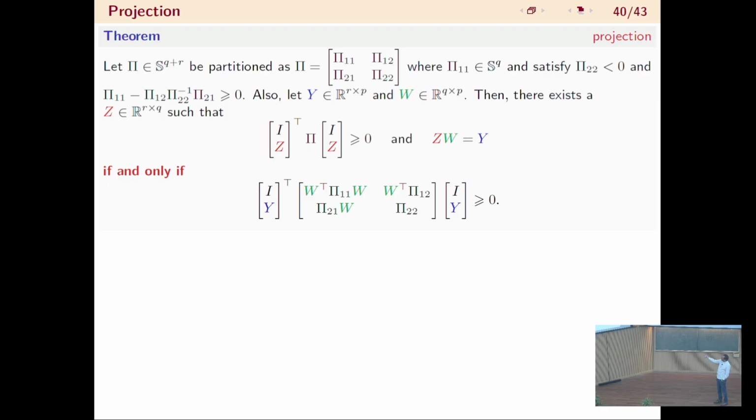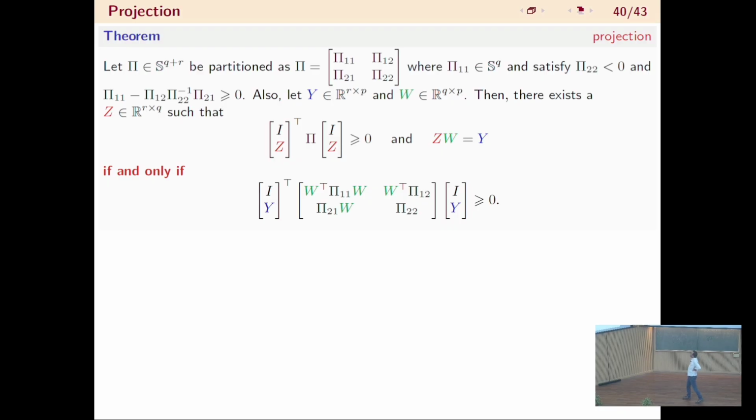It says, start with a Q plus R by Q plus R symmetric matrix. Partition it into 2 by 2 blocks, where one block is of dimension Q by Q, and assume that pi 2,2 is positive, and the Schur complement of pi with respect to pi 2,2 is positive semi-definite.